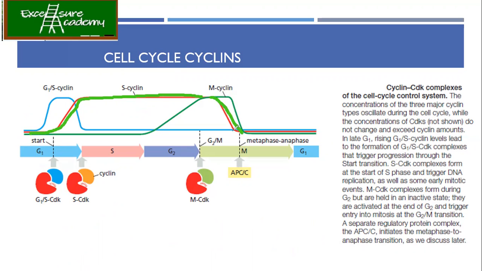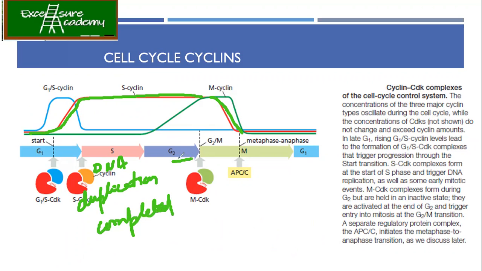Now, the moment the cell has crossed the S phase, that is, your DNA duplication or replication has been completed, the cell enters G2. G2 will ensure that all the machinery or requirements are ready so that the cell can enter the M phase, correct?